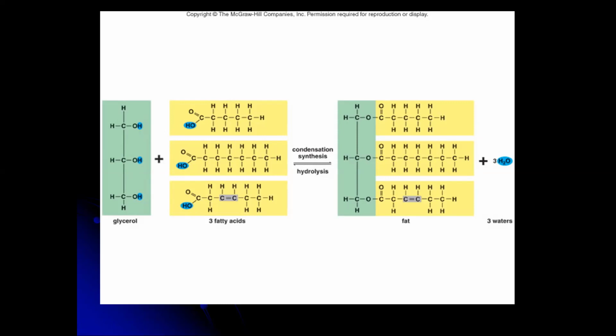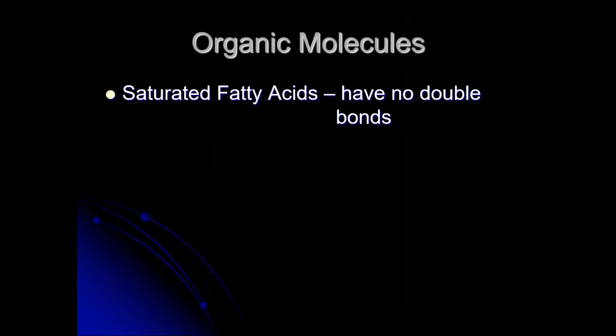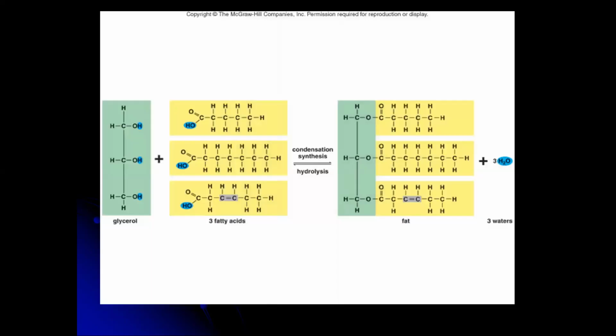As said previously, saturated fatty acids have no double bonds, and unsaturated fatty acids have at least one double bond. Let's go explore that. So these don't look like we've got any double bonds between the carbons. Well, yeah, but that's the carboxyl group, and that doesn't count.